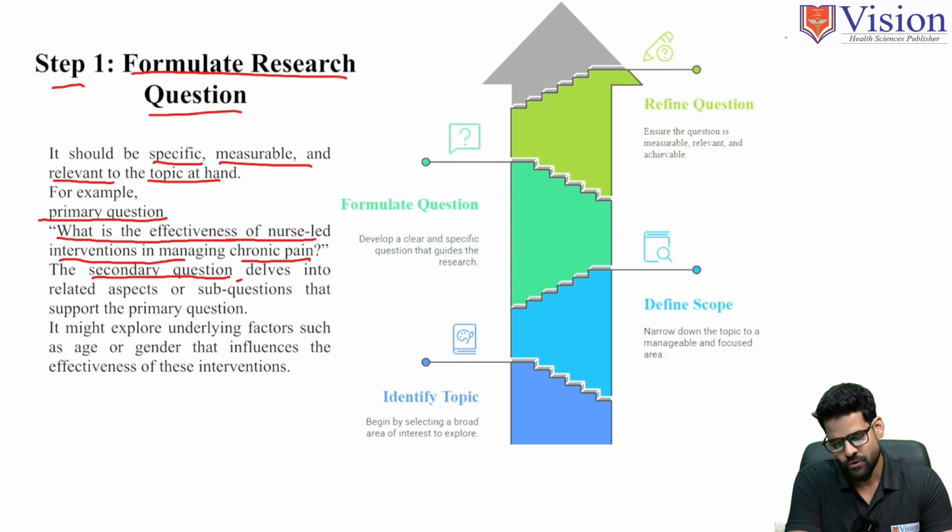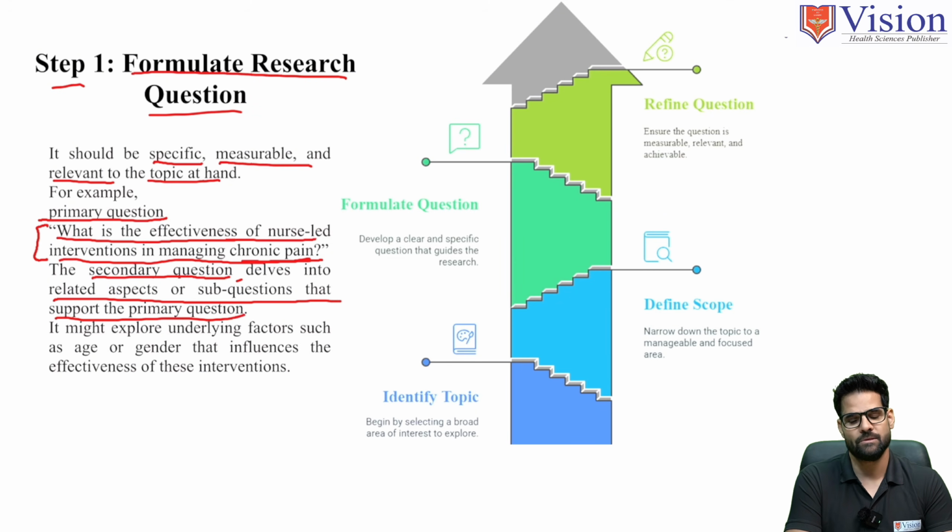So I have to use these keywords to identify the relevant researches. Whenever I go and find out the researches done regarding the effectiveness of nurse-led intervention in managing pain, that is my primary question. Similarly, the secondary question deals with related aspects or sub-questions that support the primary question.